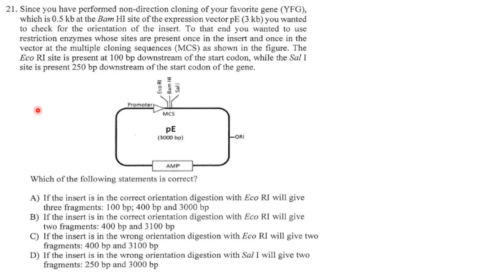Now what they have told is you have a gene called your favorite gene or YFG. It is 0.5 kb in size. And you have cloned this gene at the BamH1 site of an expression vector pE, which is 3 kb.